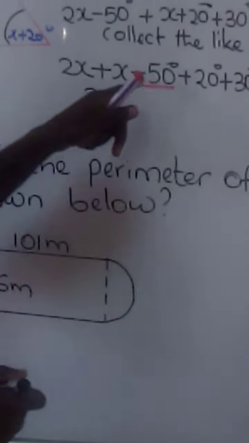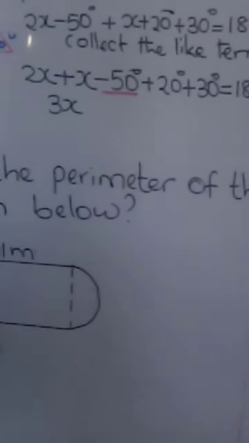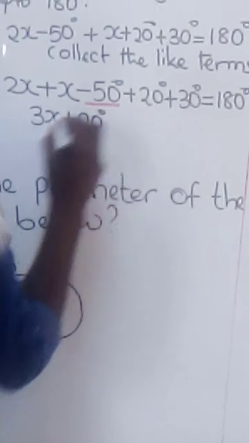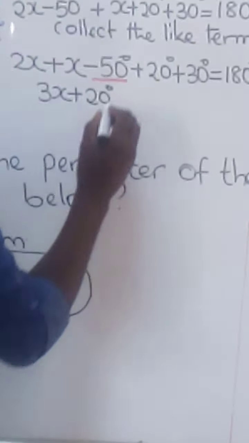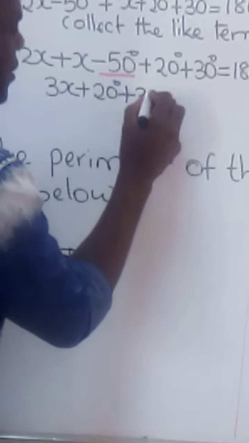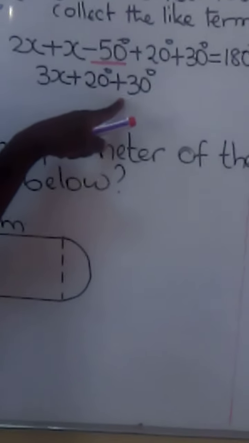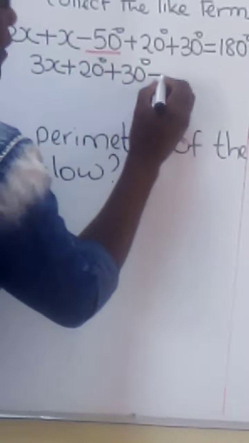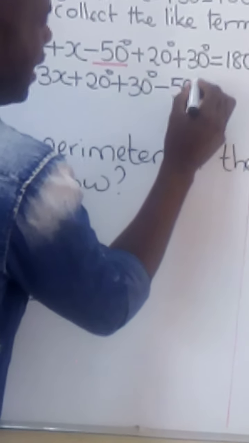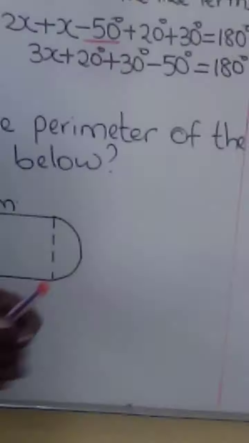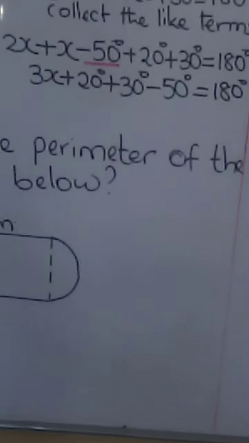And so we are going to rearrange these numbers so that positive numbers, 20 degrees and 30 degrees, come before 50, which is a negative number. Then we say it is equals to 180 degrees.